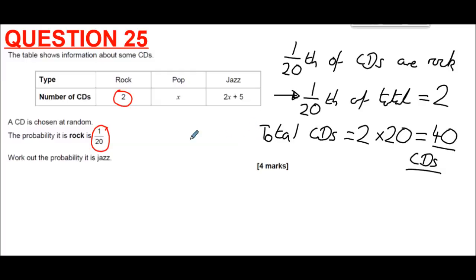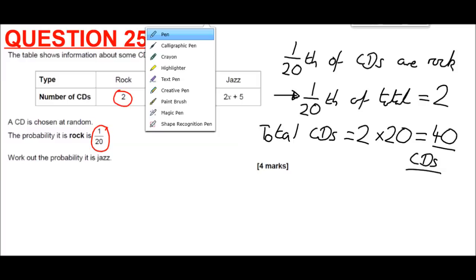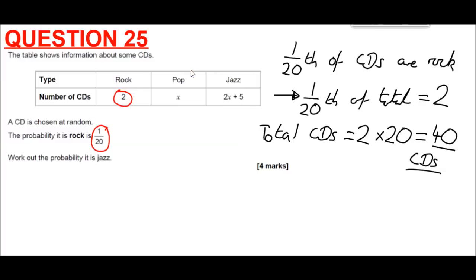But now we need to work out the probability that we've got a jazz CD. And so we're told here that the number of jazz CDs is 2x plus 5. Because we worked out that there's 40 CDs in total, 2 of which are rock, we can work out that the others must come to 38. And so we've got pop CDs here and jazz CDs here.